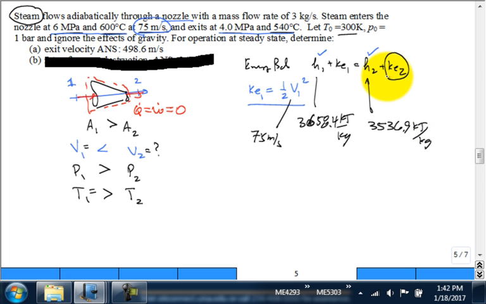Calculate KE2 for me. And once you calculate KE2, if that's also equal to 1/2 V2 squared, then V2 is equal to the square root of 2 times KE2. True or false? I want you to calculate both the KE2, the specific kinetic energy at the exit, as well as the velocity at the exit. Please do that. I want three right answers. You'll need a calculator.